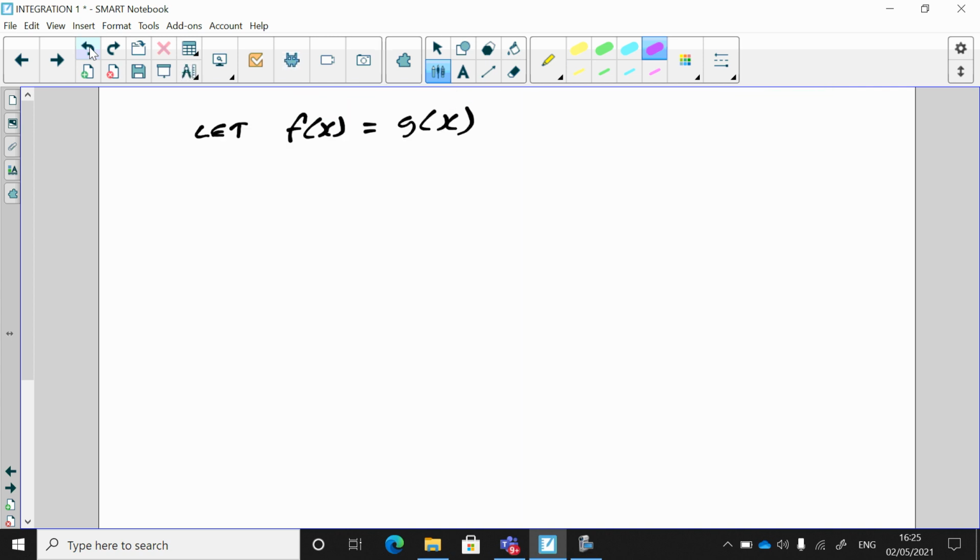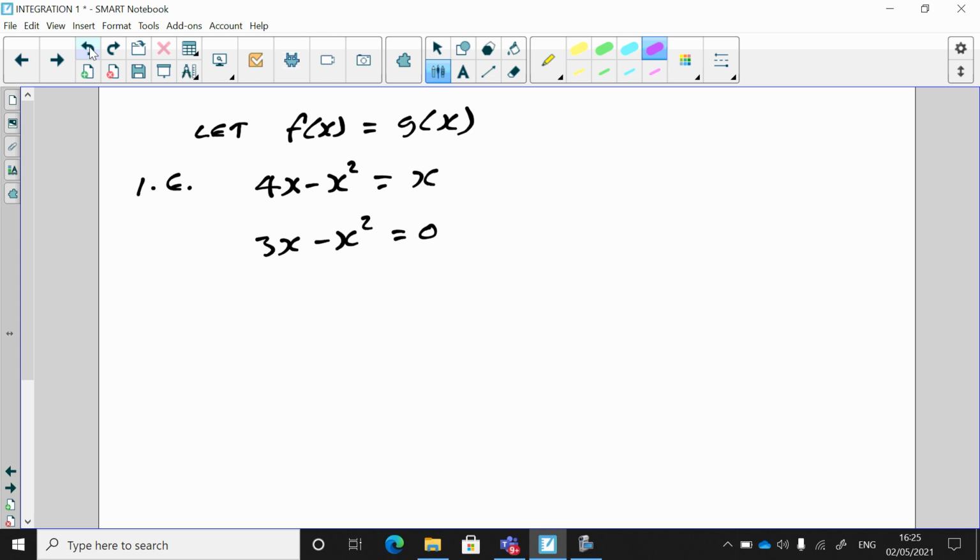Let the line equal the curve, f equals g. Okay, so let's start taking things over. So 4x take away x squared equals x, get everything over to the one side, make it equal to 0. Hopefully your algebraic knowledge is sufficient that it can get you to there.